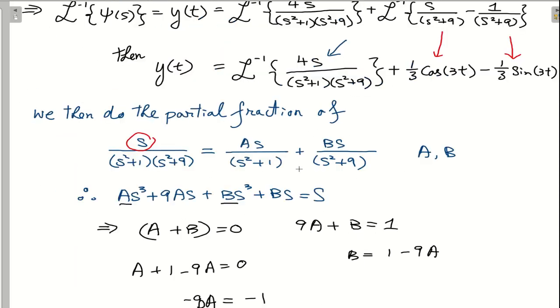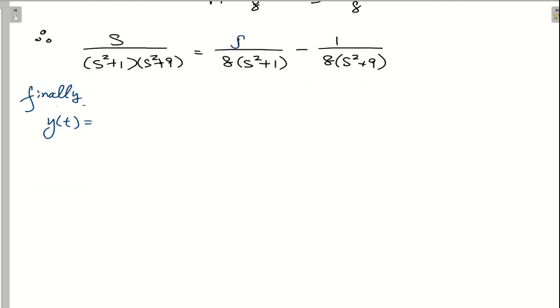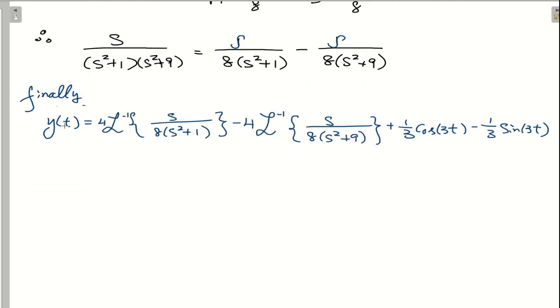And finally, from the above, we substitute this into here, and we get the inverse Laplace of this. So finally, we have y(t) equal to 4 times the inverse Laplace of 1/8 s over s squared plus 1, minus 4 times the inverse Laplace of 1/8 s over s squared plus 9, plus cosine 3t minus 1/3 of sine 3t.